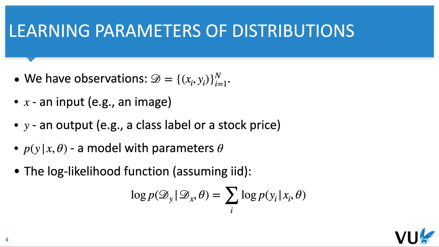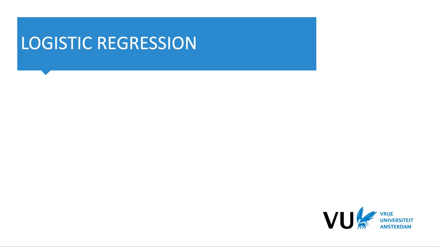We assume IID. Please refer to previous lectures where we discuss it in more detail. We consider the log likelihood function as our objective, and of course this is for maximization. If we are interested in minimization, we of course put the negative sign. All right, so this is a quick recap about likelihood-based learning.